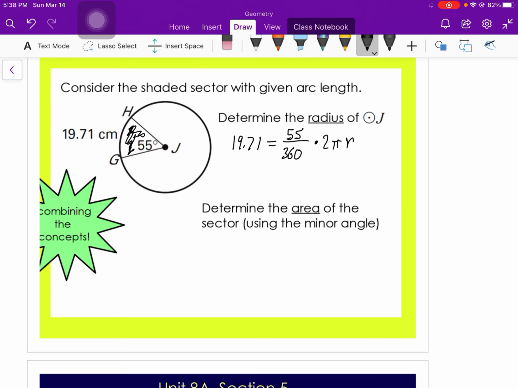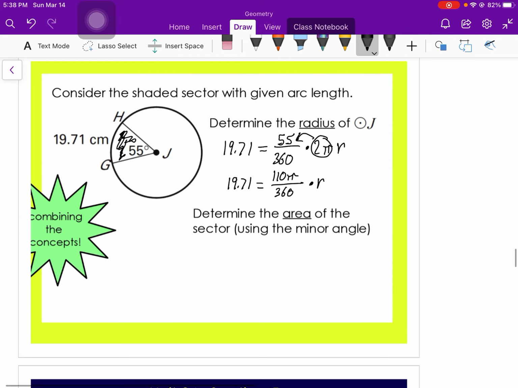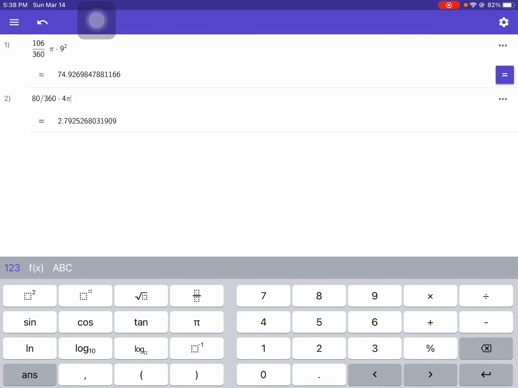So what we need to do is we can simplify a lot of what this is. We can just multiply some pieces together. So we're going to get 19.71 equals, and then we can just multiply this with the top, which would be 110 pi over 360. And we can leave the r on the side because that's what we're solving for. So what I'm going to do is I'm going to figure out what this decimal is here.